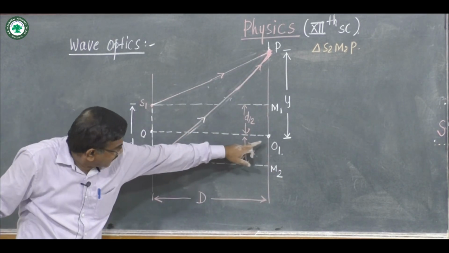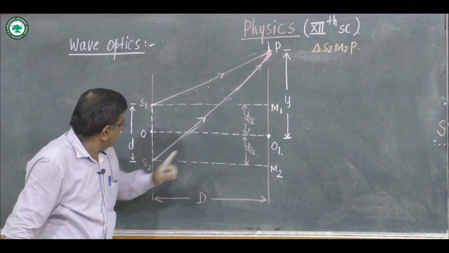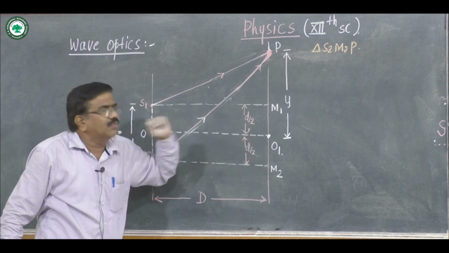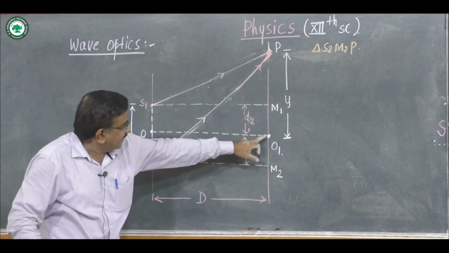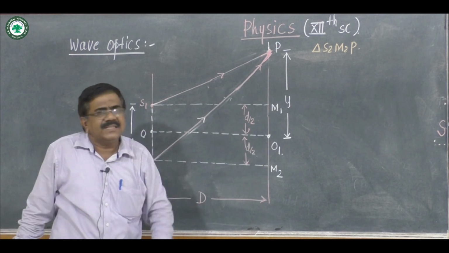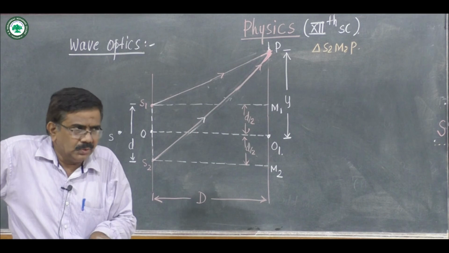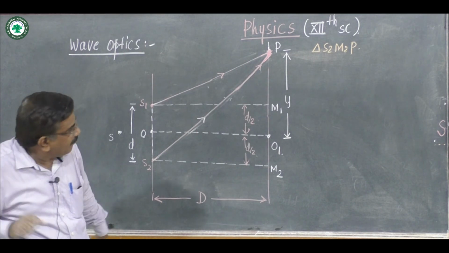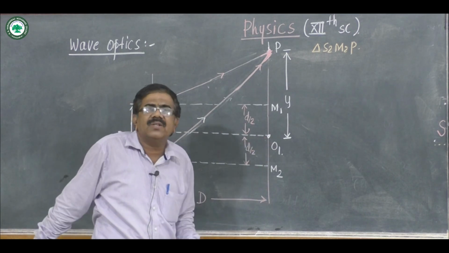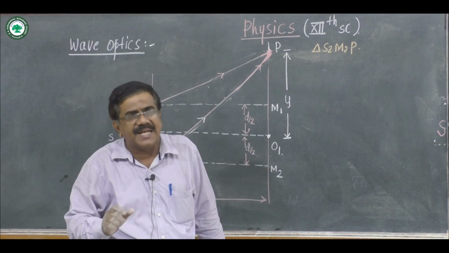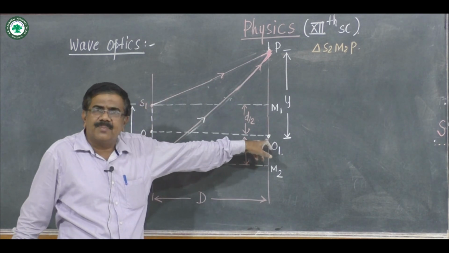The waves reaching at point O1 are S1O1 and S2O1. As it is a central point, the path difference between these waves is 0 and the condition for brightness is satisfied here, and this central point O1 is always bright.